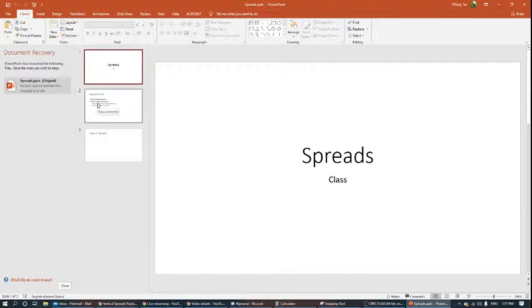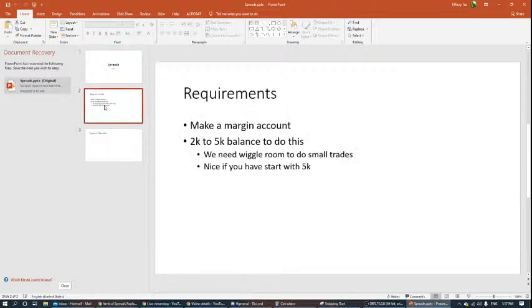So, what are the requirements for the spread class? Well, you need a margin account, and the reason I say you need at least 2K is because the minimum of 2K is required by most brokers. But mostly you'll only ever need like 2 to 5 grand.